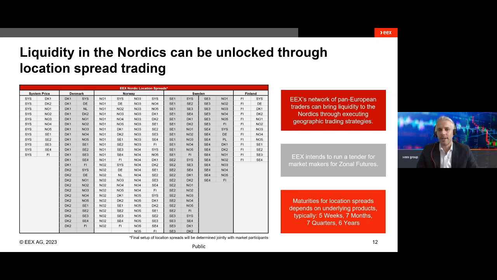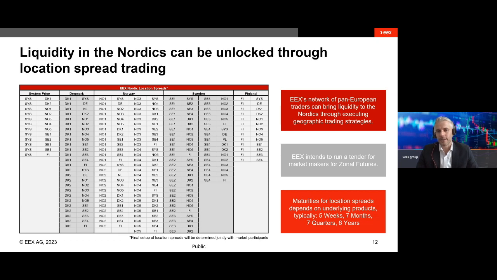So we firmly believe that liquidity in the Nordics can be unlocked through this location spread trading functionality. What the table here shows you is that EEX will, from day one, enable spread trading between the different individual zones, as well as between the zones and the system price.